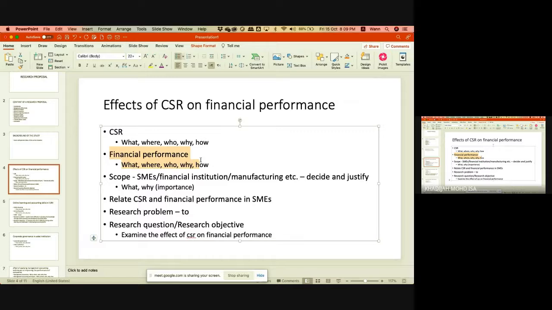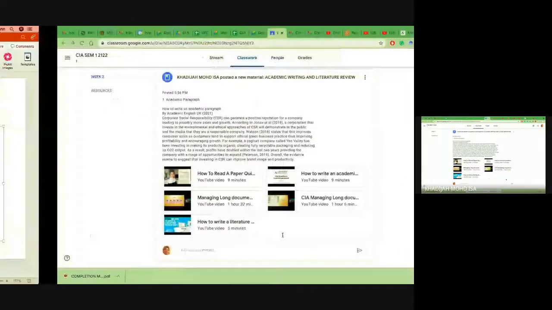If you want financial performance data, then I suggest that you use annual reports. And if you use annual reports, you must make sure that the annual reports of these companies are available. So that is your methodology. It reflects your methodology, right?